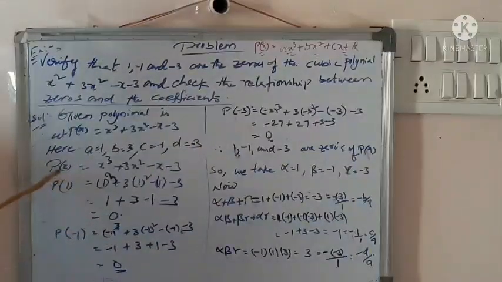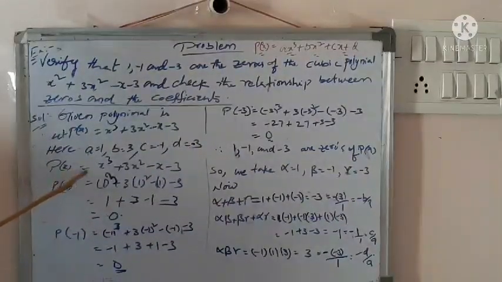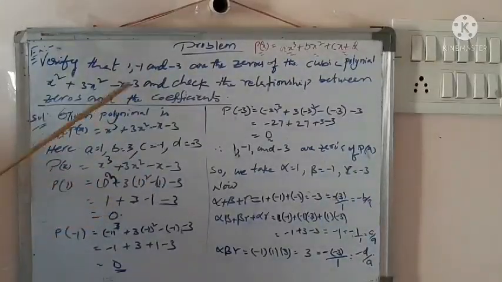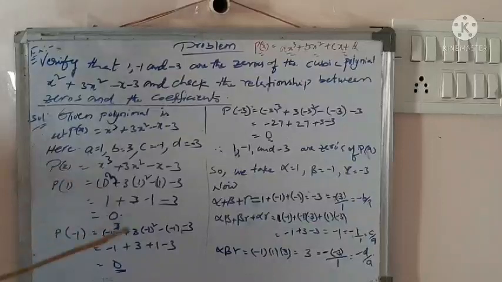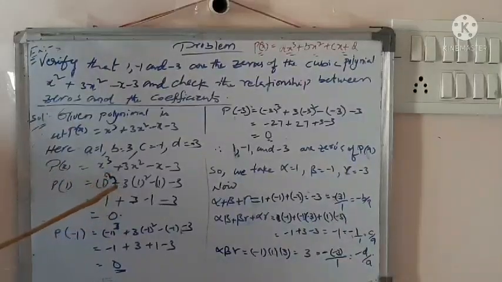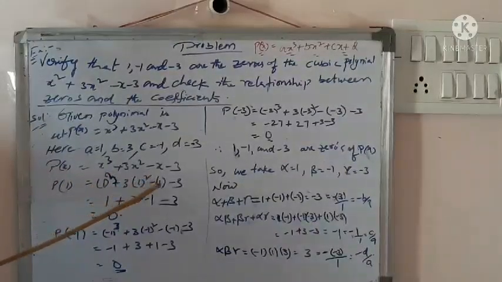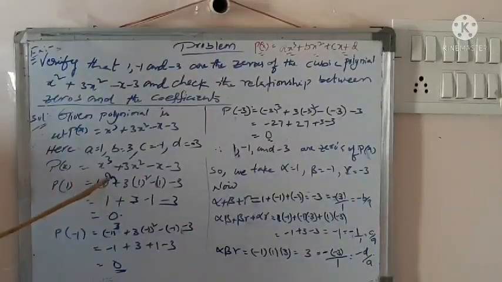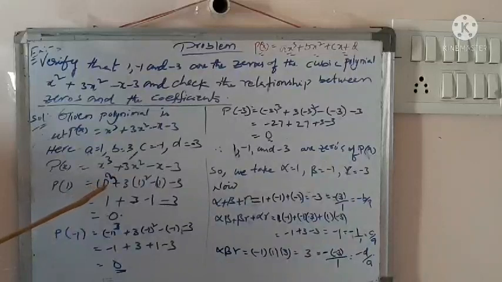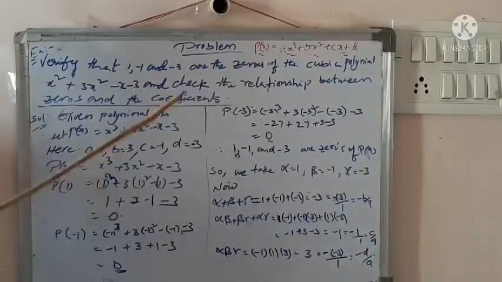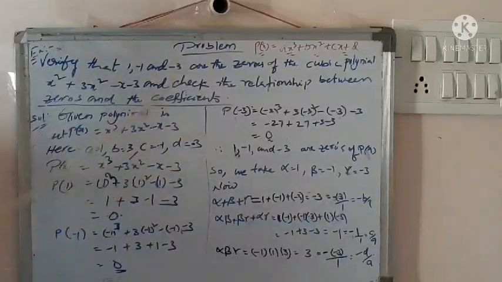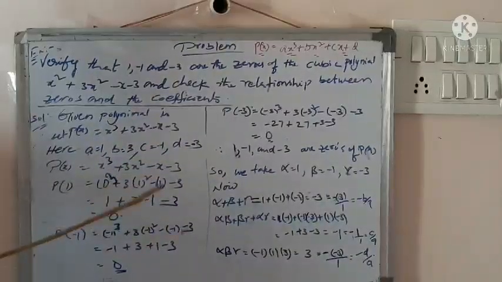See this. First write the polynomial p of x equals x cube plus 3x square minus x minus 3. And now take 1 instead of x. 1 whole cube plus 3 times 1 whole square minus 1 minus 3. So 1 cube means 1 multiplied 3 times, we get 1. And you know that the square of 1 is 1. 1 into 3 is 3.